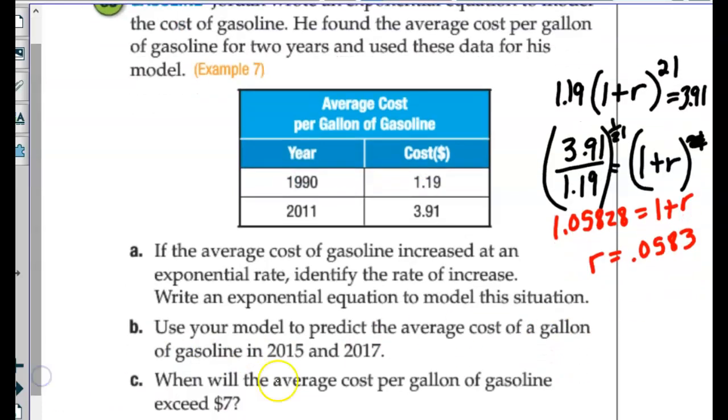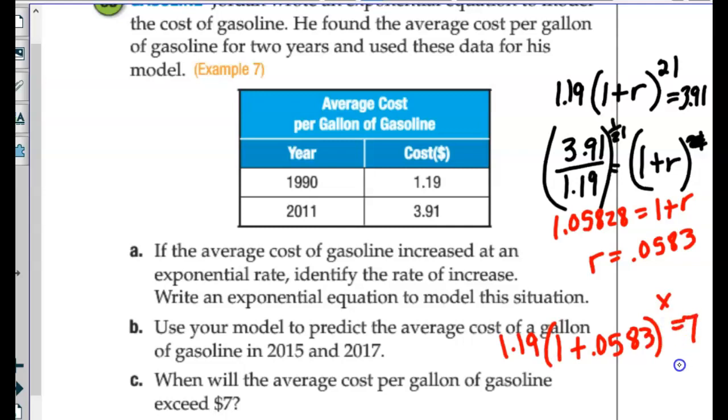It says, when will the cost of a gallon of gas average $7 or exceed 7? So if we started at 1.19 and it was going up 1.0583, we want to find out how many years until it is greater than 7.